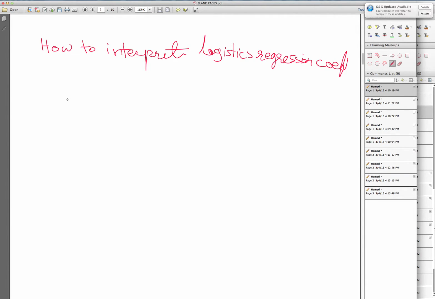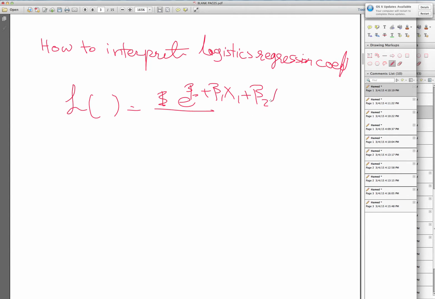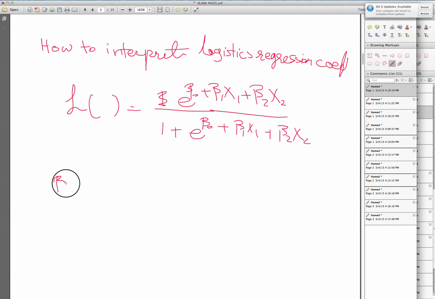To remind you, the logistic regression function would look like exponential of beta 0 plus beta 1 x1 plus beta 2 x2, divided by 1 plus exponential of beta 0 plus beta 1 x1 plus beta 2 x2. Let's assume beta 1 was estimated as 1 and beta 2 was estimated as 0.5.